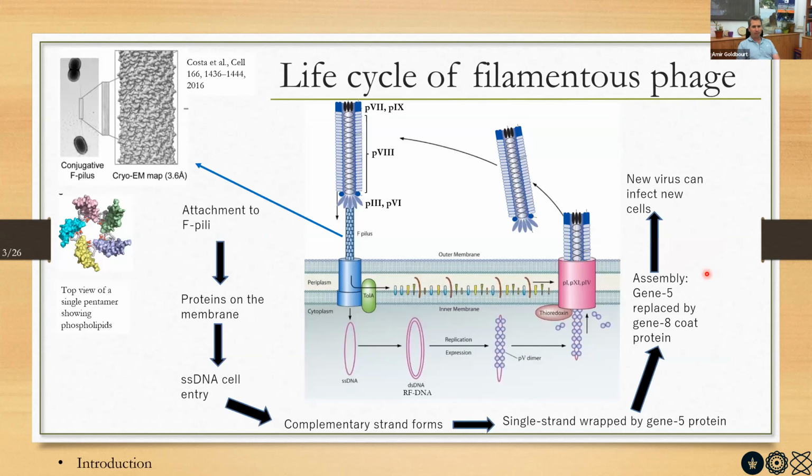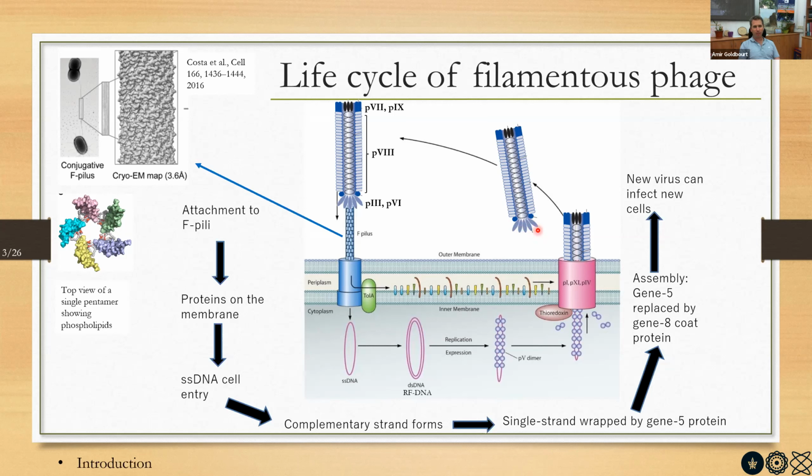Basically, they are made, you can see it here, of a circular single-stranded DNA, which is wrapped by the P8 coat protein. The DNA and the coat protein together make up about 98% of the mass of the bacteriophage. They have some minor coat proteins on the edges.